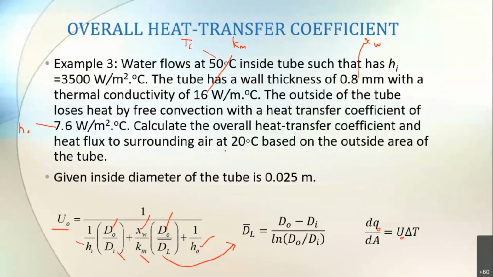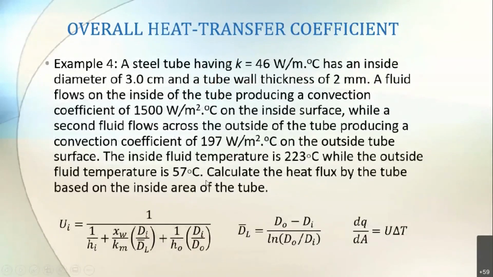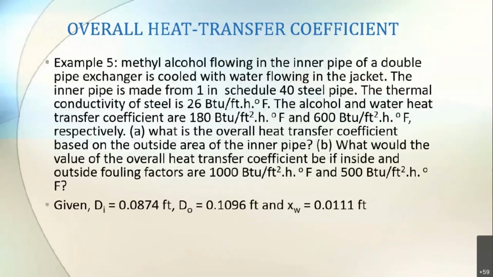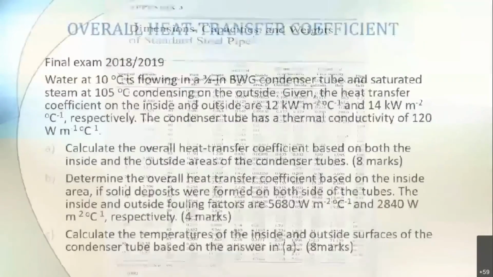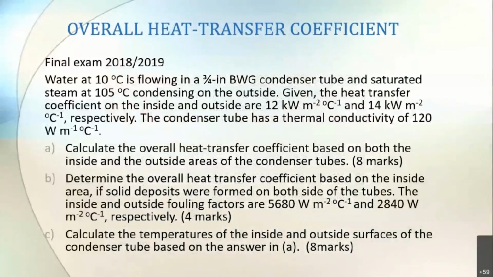You just need to put it in the equation and calculate the value. Okay, so this is example number 3, and then we have example number 4, and then example number 5. And then this is a question from the final exam 2018 and 2019. So you can go back home and try it.